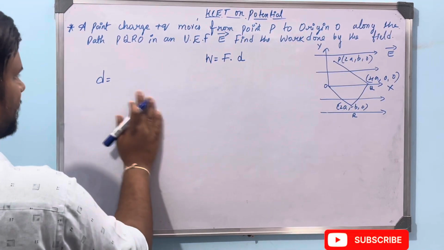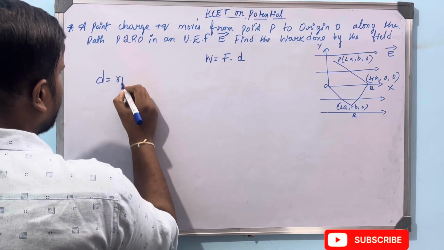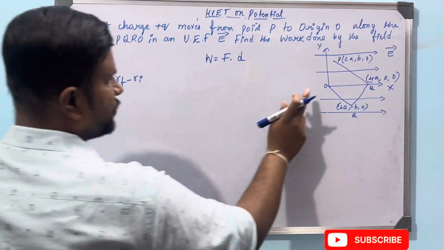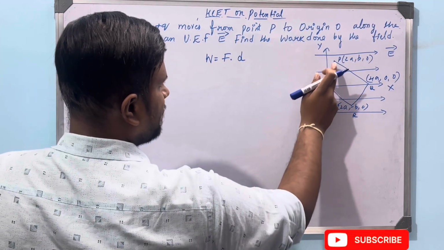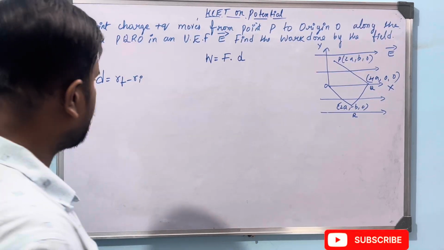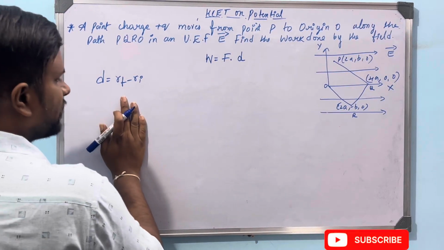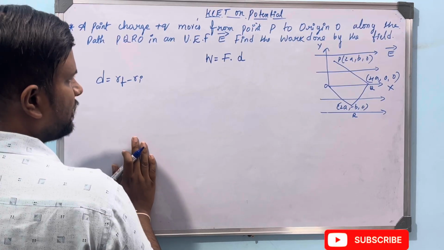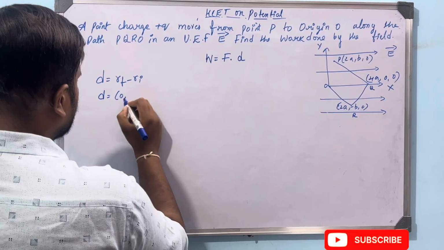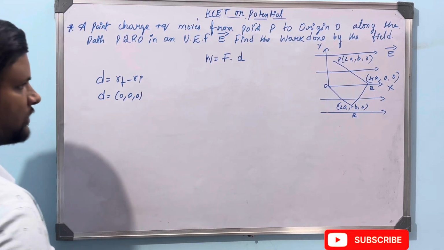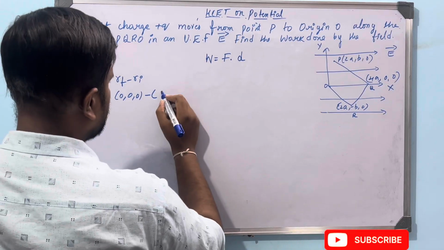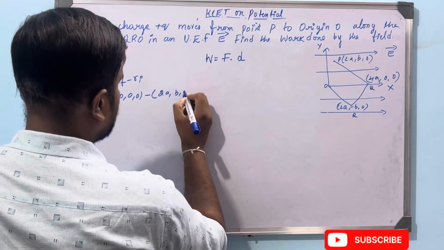Displacement I will write as r_f minus r_i. What is the meaning of r_f minus r_i? Position at final minus position at initial. This is the formula and definition for the displacement: final position minus initial position. So D is equal to, what is the final position? The final position is 0, for the three coordinates 0, 0, 0, minus the initial, which is 2a, b, 0.